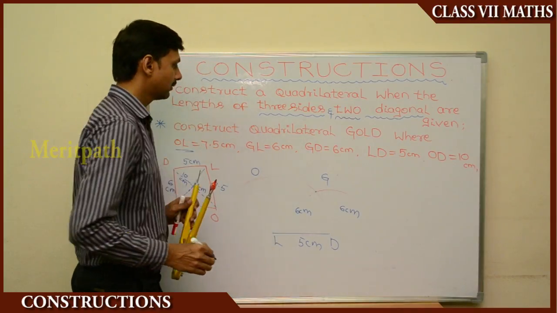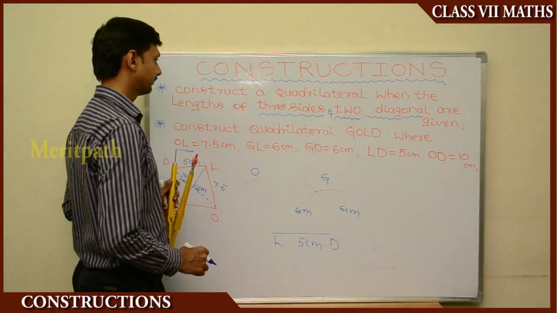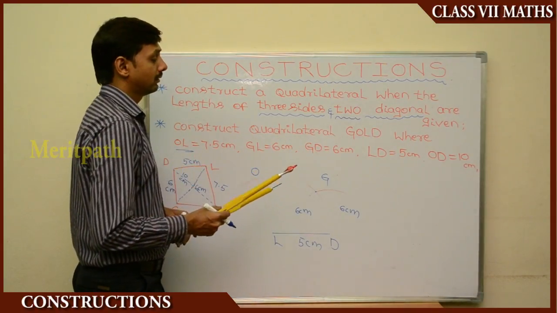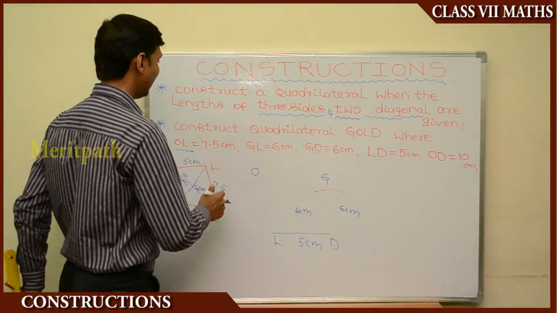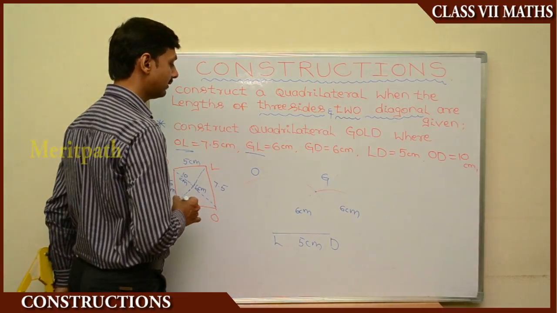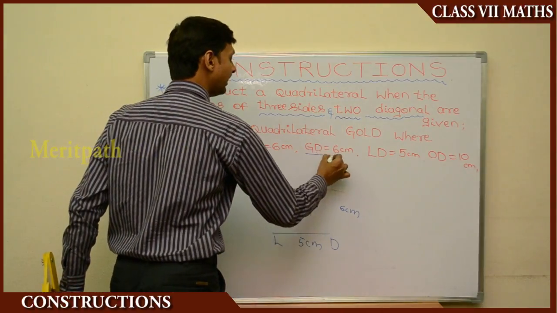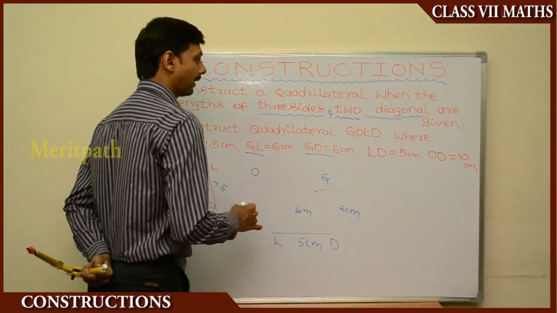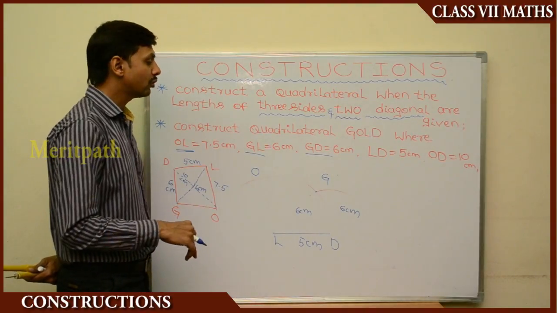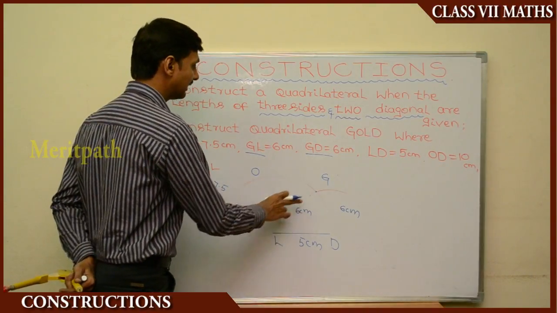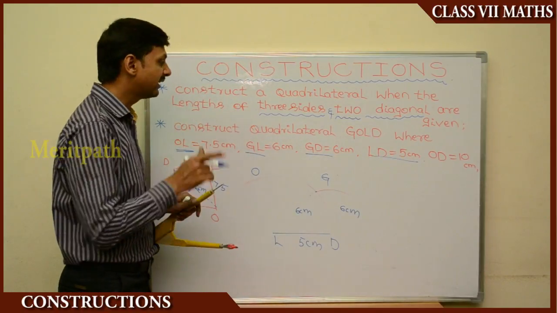This is OL. GO we don't have, the diagonal we have. GL is completed. LG or GL and OL we have completed, and GD we have completed, and OD we need to do, because we did not take 10 centimeters. LD we have done first, so OD we need to construct, that is 10 centimeters.